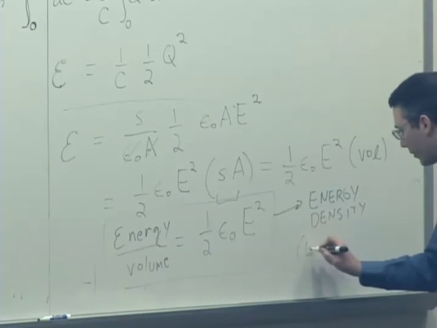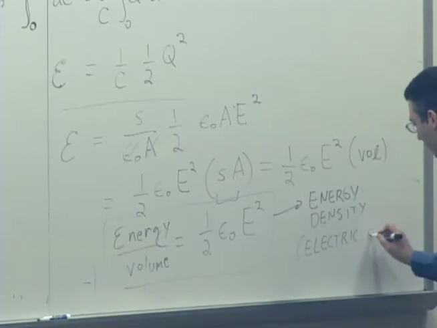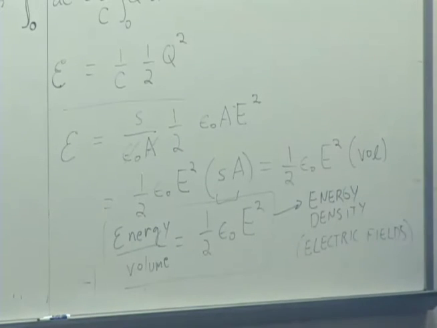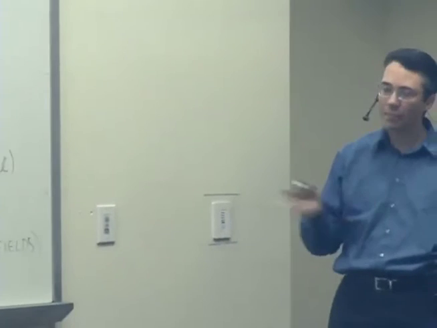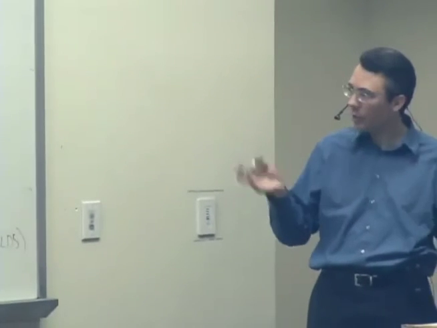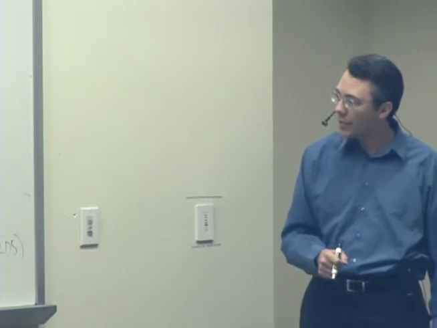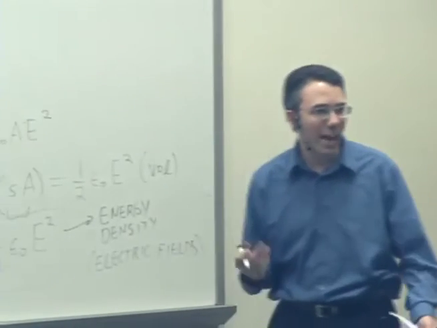So this is for electric fields. It's true for any electric field, even though we had derived it for this specific case of a charging capacitor. Doesn't matter if it's uniform, non-uniform, radiative, whatever. That's energy density for an electric field. Turns out there's energy stored in magnetic fields as well.